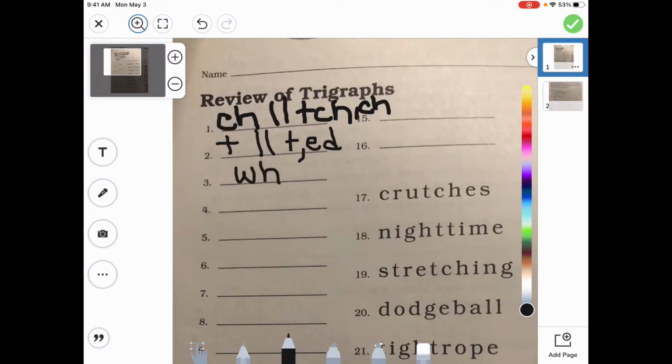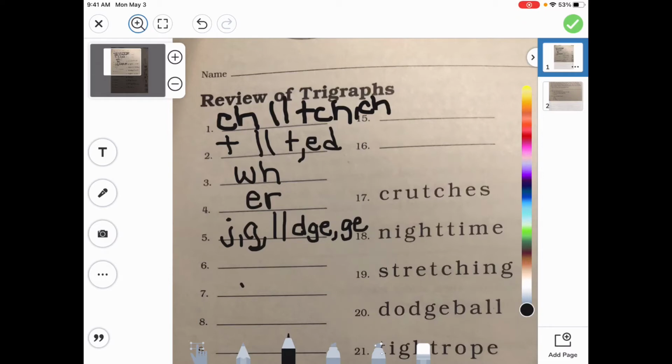Very good. How about the wh sound? WH. Very good. All right, what about R? It could be R or it could be ER. We don't know unless we're figuring out by looking at it. All right, J. It can be J or G at the beginning or the initial, and at the end, it can be DGE after a short vowel or GE after a long vowel or anything else.